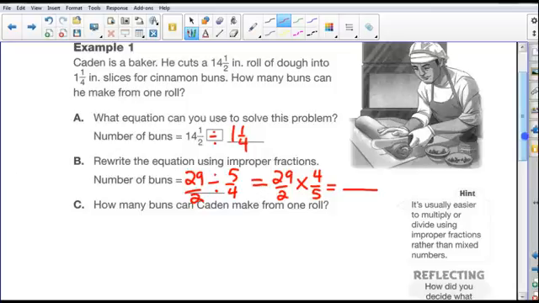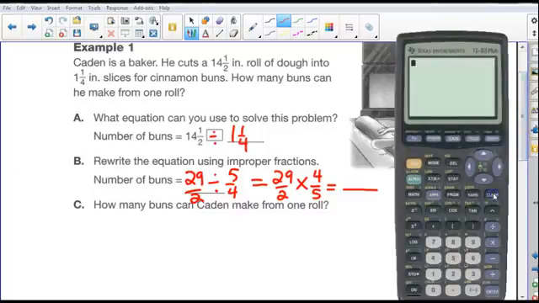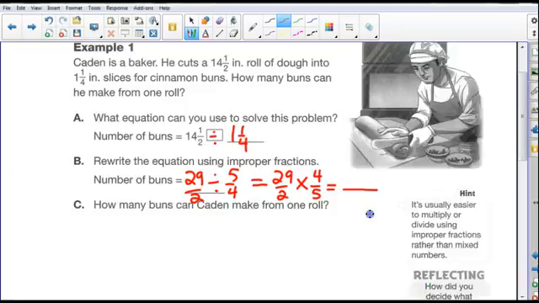So 29 times 2 is 58. 29 times 4 is, well, let's take our calculator. 29 times 4 equals 116. So our answer is 116. 2 times 5 is 10. So we have 116 divided by 10.